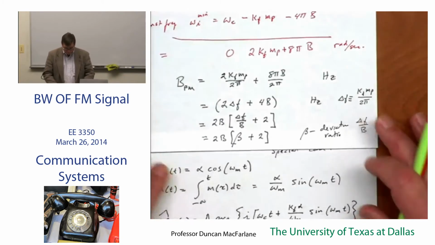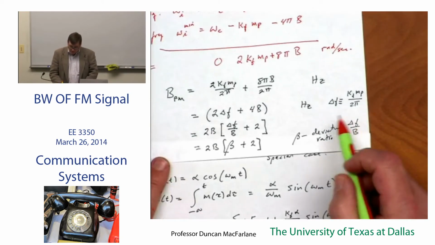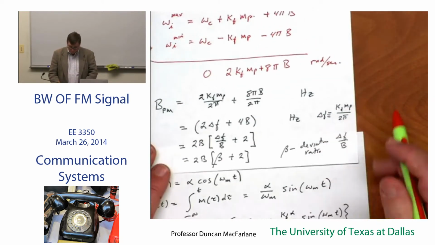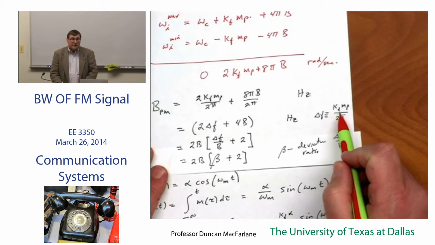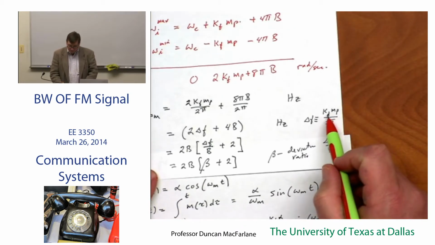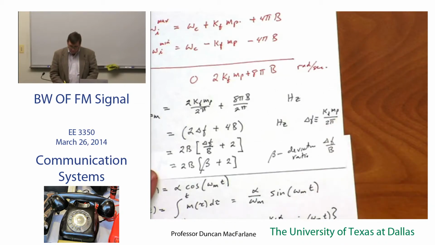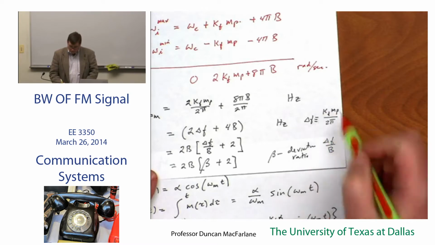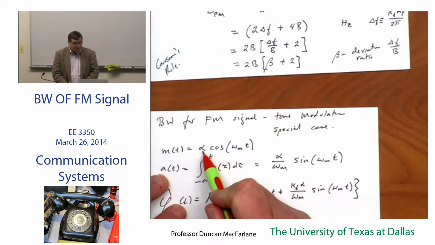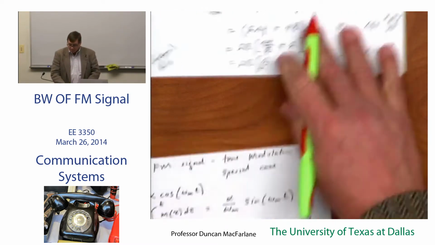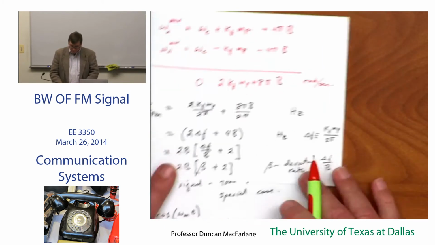See if we're there. Beta is delta f over B. Delta f is kf times mp. mp is the peak of my signal. So I have a kf in there, so that looks good. mp, well, look at that. I have an alpha instead of an mp. So that looks good so far.